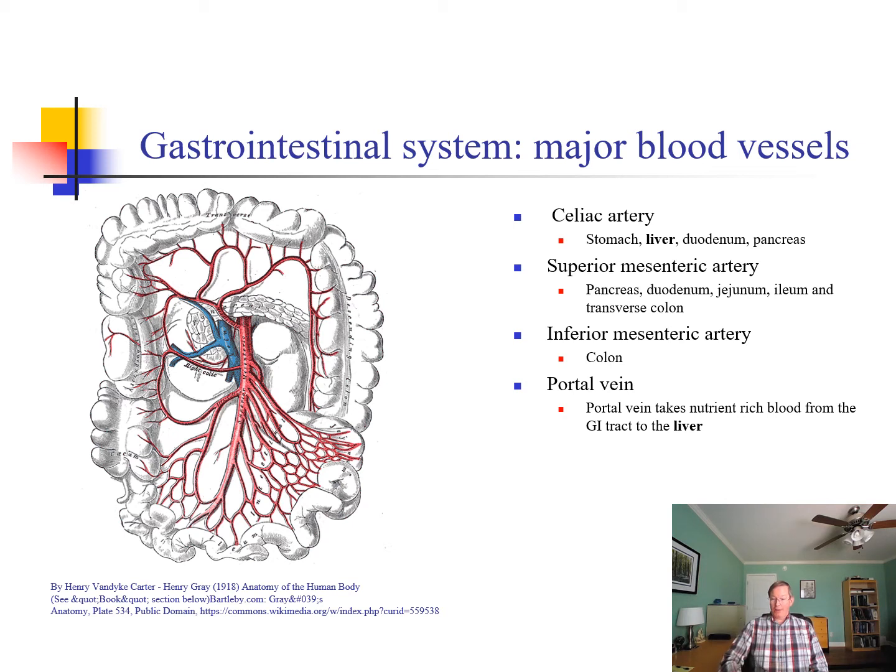And around the umbilicus is going to be the superior mesenteric artery's nerve structure that will be referred, and then down a little bit lower will be the inferior mesenteric artery. So if you know whether the structure is a foregut, a midgut, or a hindgut structure embryologically, you can tell from the referred pain pattern where that might be. And this is useful clinically and used by surgeons as well as clinicians.